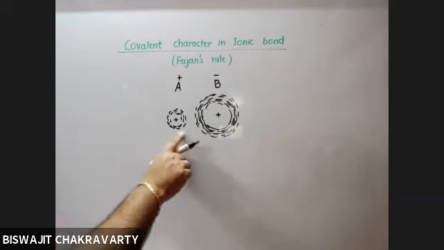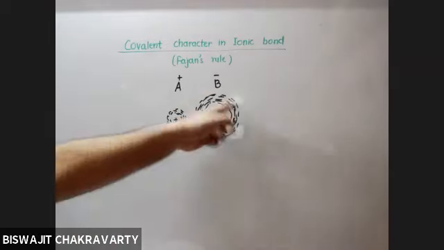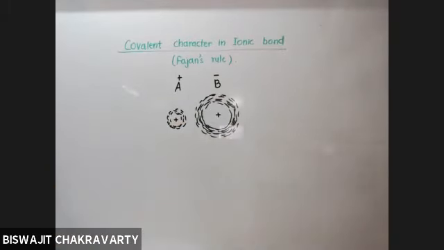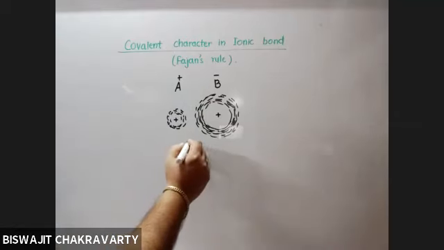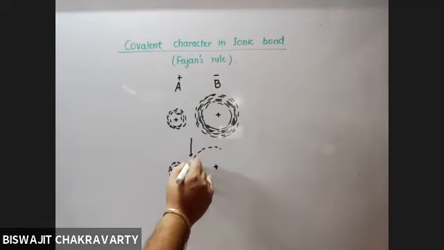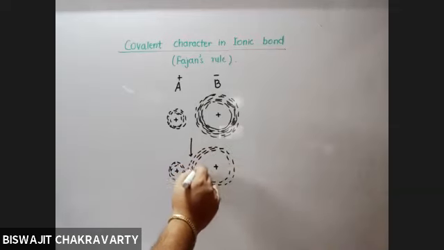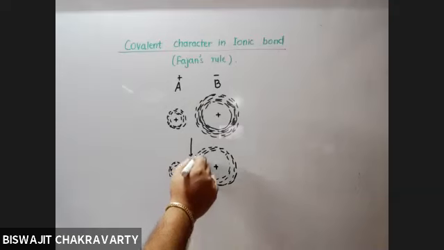So when a cation approaches the anion, before their approach, when they are far away from each other, the electron cloud in both of them were symmetrical. And you know what is symmetrical? It was purely spherical. But when the cation approaches the anion, it is found that the cation starts distorting the size of the electron cloud of the anion, because the cationic nucleus starts attracting the electron of the anion.